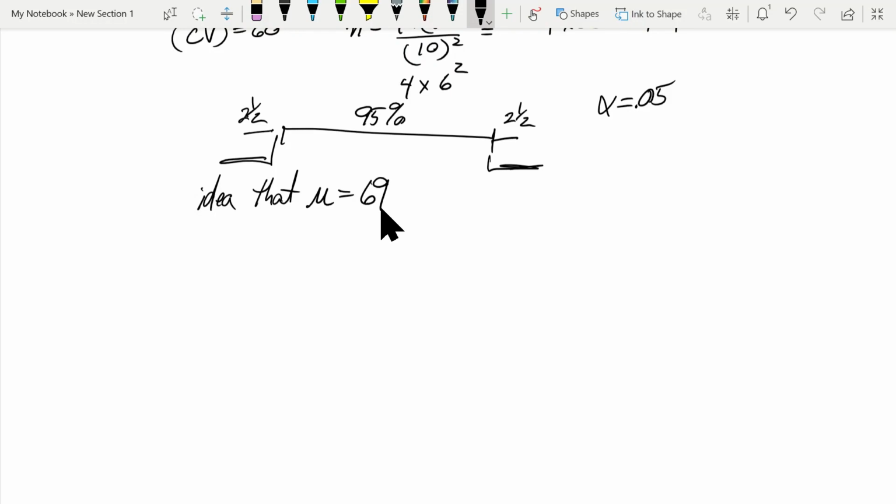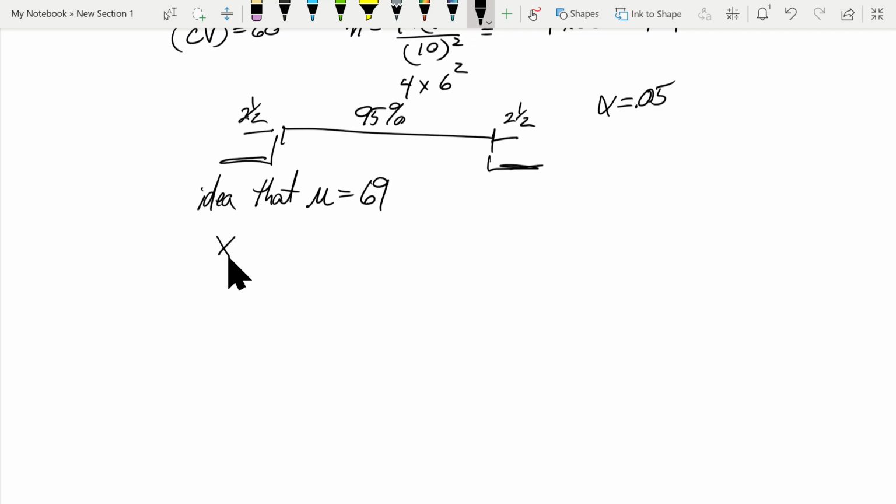All right, it doesn't matter how we arrive at this. Somehow it has come into our head that the true population mean for whatever it is is 69. And we want to test that hypothesis.